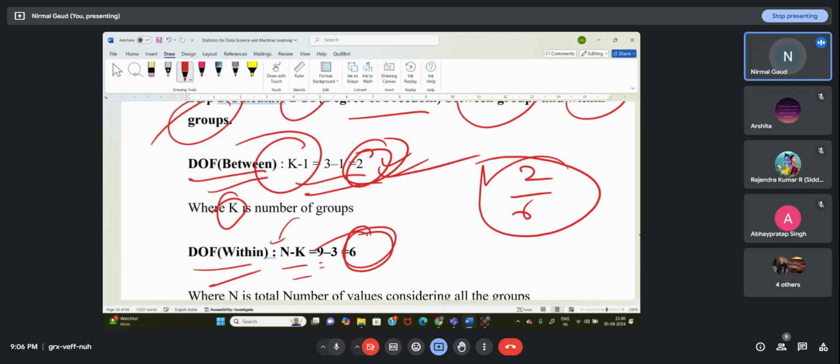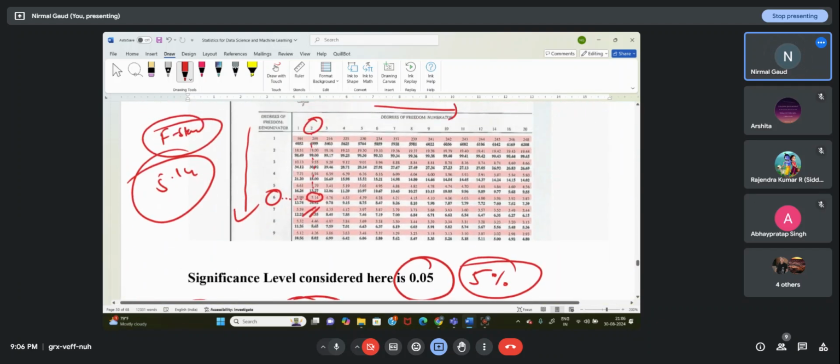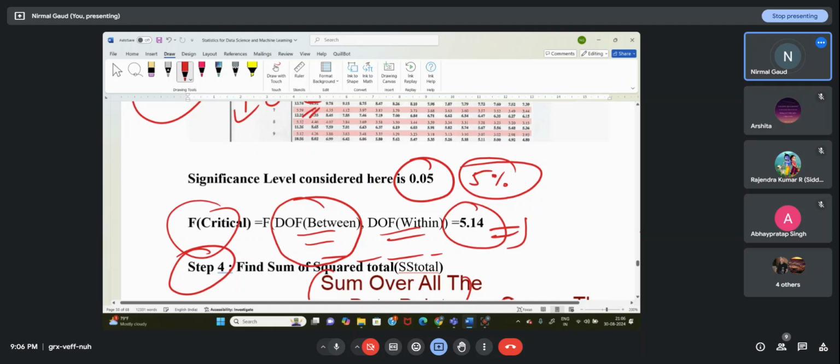This is the degree of freedom numerator. This is the degree of freedom denominator. Check the value from the table. According to the table, the critical value is 5.14.